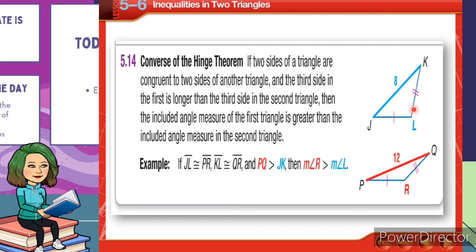Kasi angle L is less than angle R, or the measure of angle R is greater than the measure of angle L. Again, why? Based on the converse of the hinge theorem, yung kabaligtaran, pag meron daw tayong dalawang congruent sides, at yung pangatlong side ay mas mahaba compared sa pangalawa, then its opposite angle is greater than the other triangle.